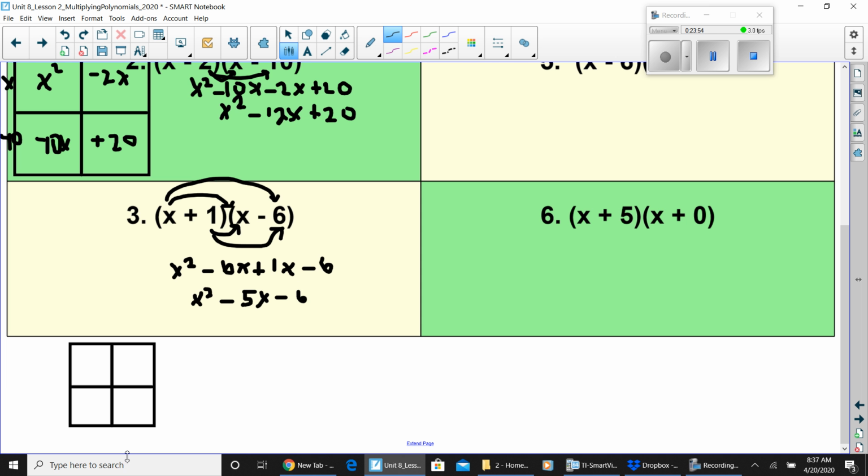If you're using the box method like I have here, the x plus 1, I would put on the top, and x minus 6 on the side. It's okay, whatever method you want to use. X times x is x squared. 1 times x is 1x.